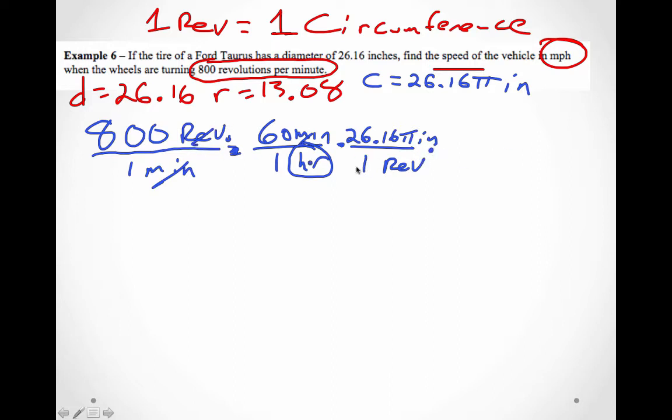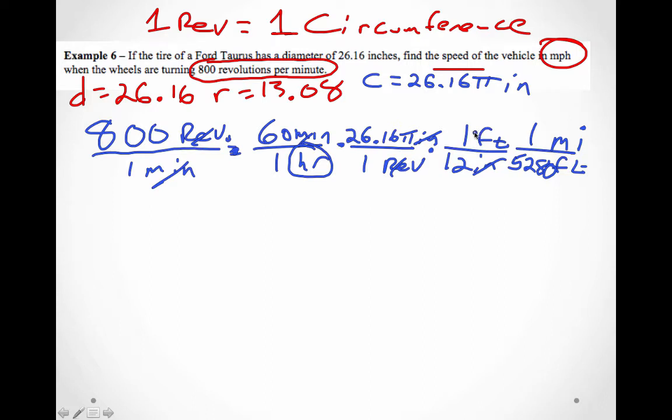And now my revolutions are gone. And now I got to go inches into feet. And then I've got to go feet into miles. If you don't remember that 5,280 feet are in 1 mile, well, I'm not sure what I'm going to do.